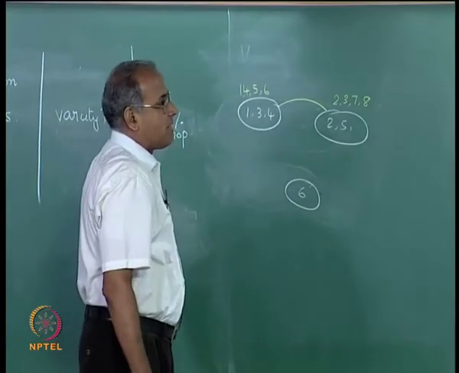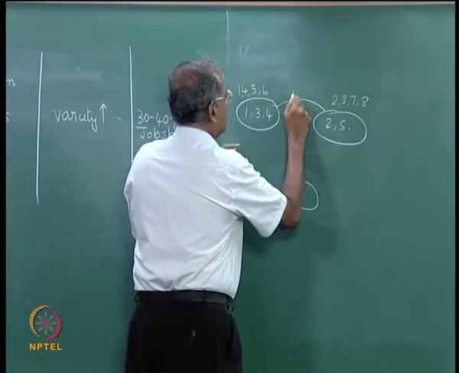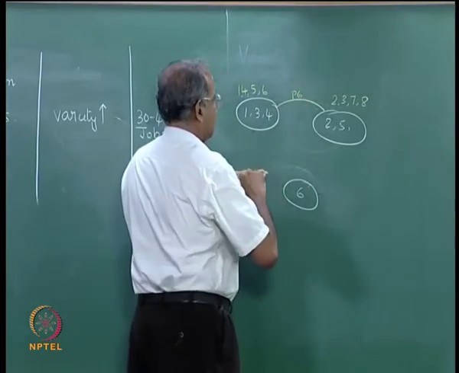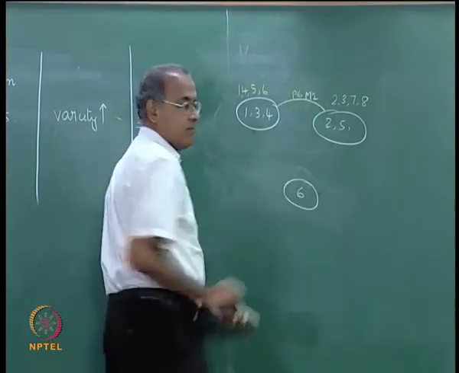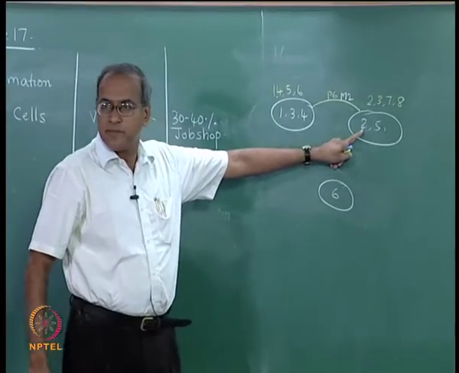with part 6 going to machine 2, P6 going to M2, M2 is here.